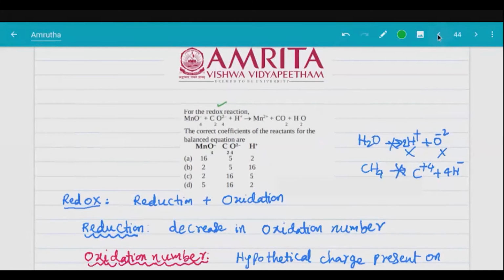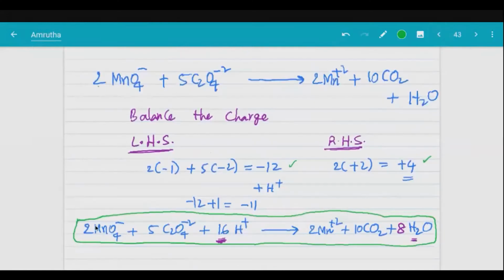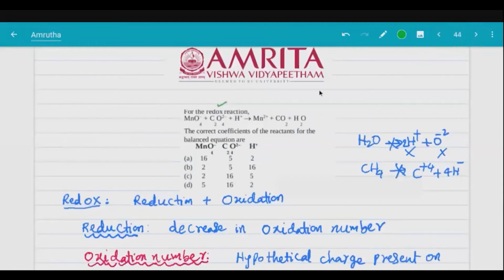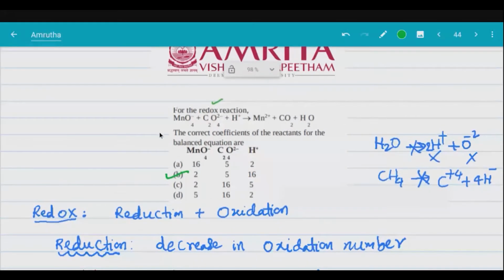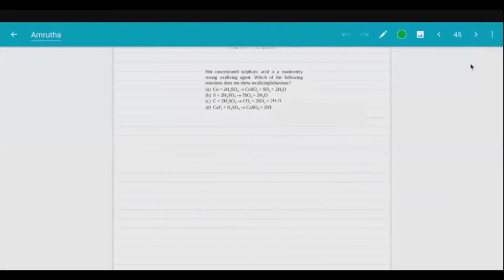Look at this. We got coefficients 2 and 5: 2 for MnO4 minus, 5 for C2O4 2 minus, and 16 H plus. This is option B. Done. Everything is clear, right? So we'll move on to the next question. Right, exactly, B. Next question.